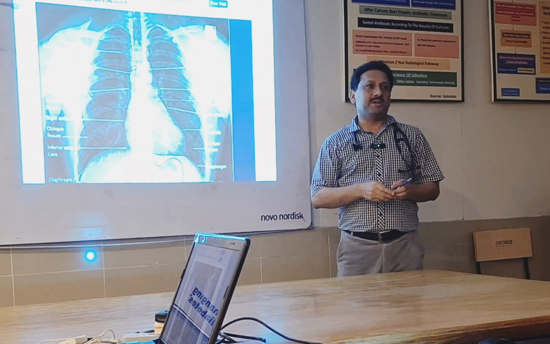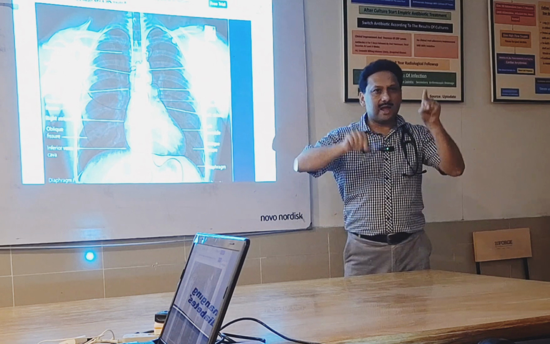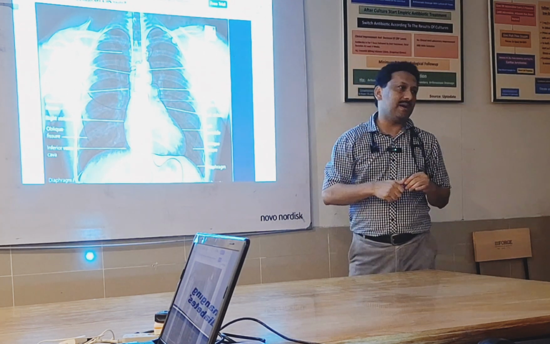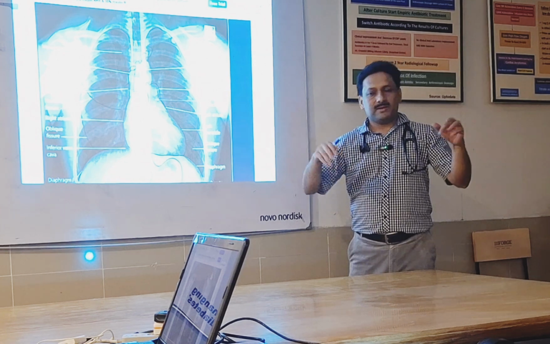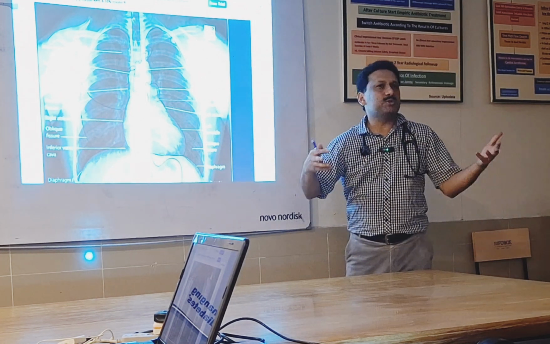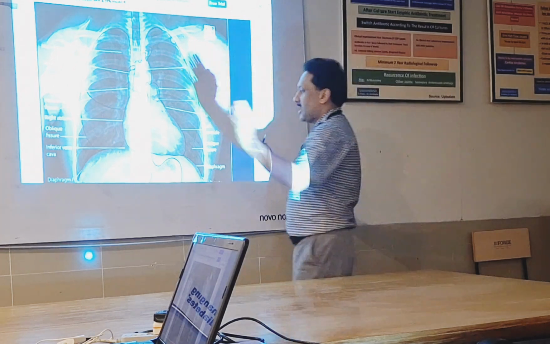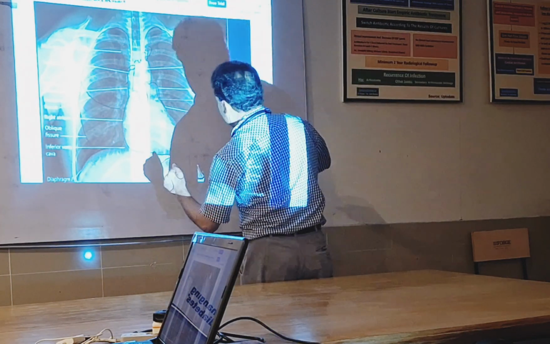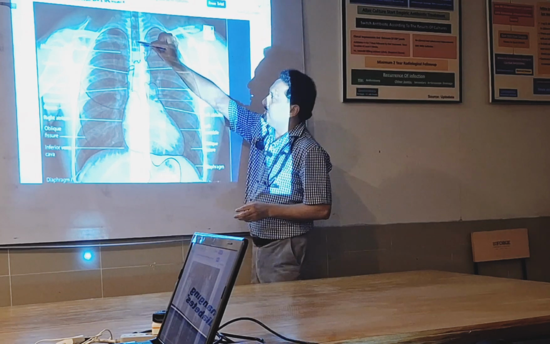The first one, position. Position is not appropriate. Now, what will happen if these technical details have not been seen properly? The X-rays are nearly always taken in PA view. A person is standing tilting on one side or tilting on another side. What will happen?